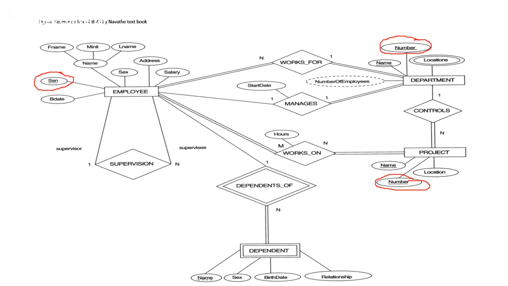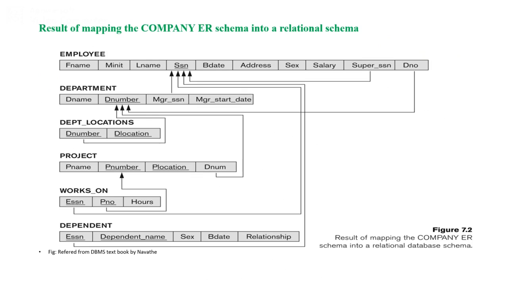You can see these three attributes act as the primary key for each table or relation. This figure gives a clear picture of how the company entity relationship diagram is converted into an ER schema, and then from that into a relational schema.